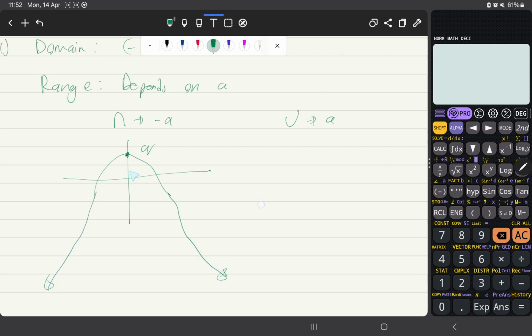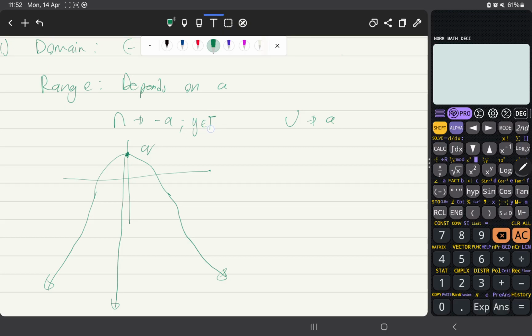It doesn't matter which side. The y values will just keep on going down to negative infinity. So what does that mean? If your a is negative, then you're gonna have a range up to q. So q is gonna be included.